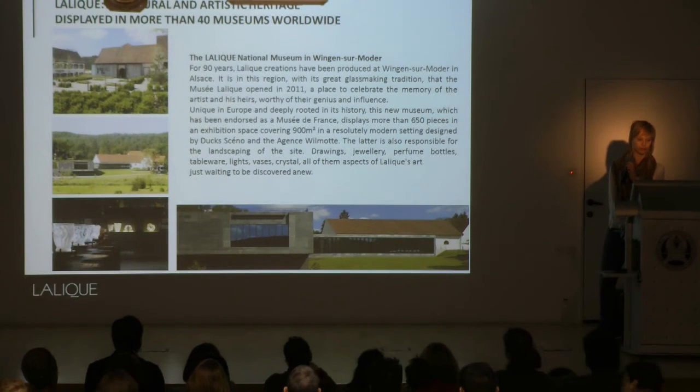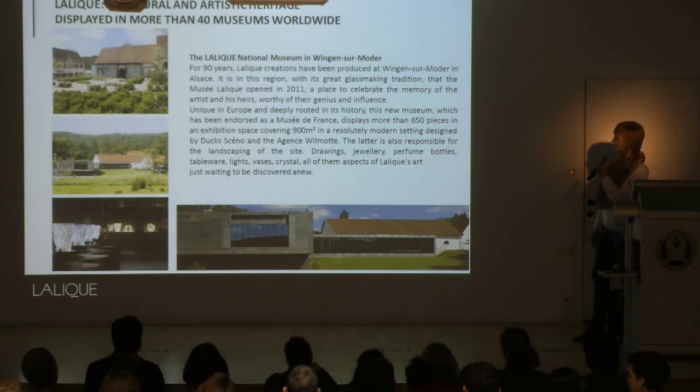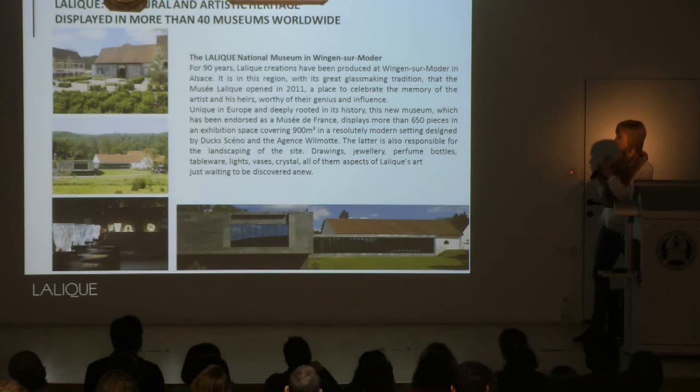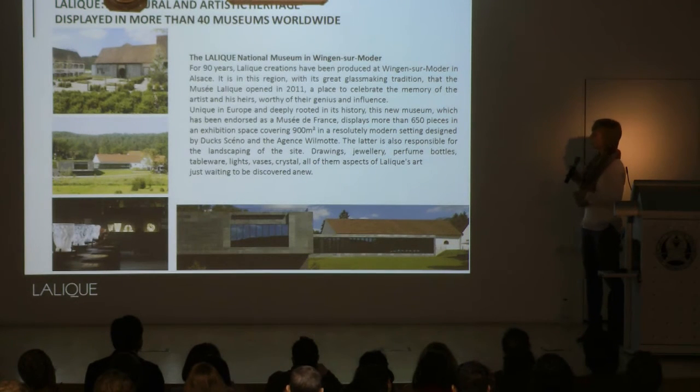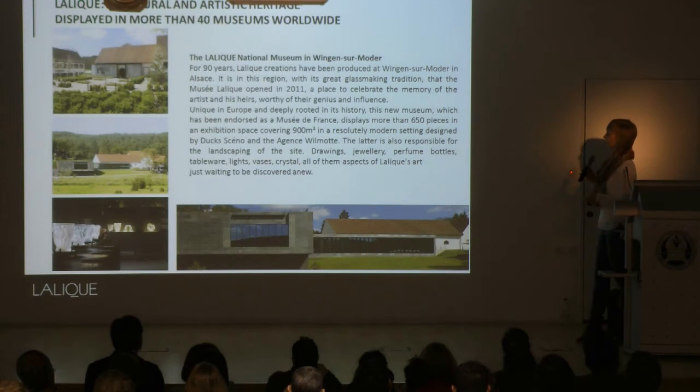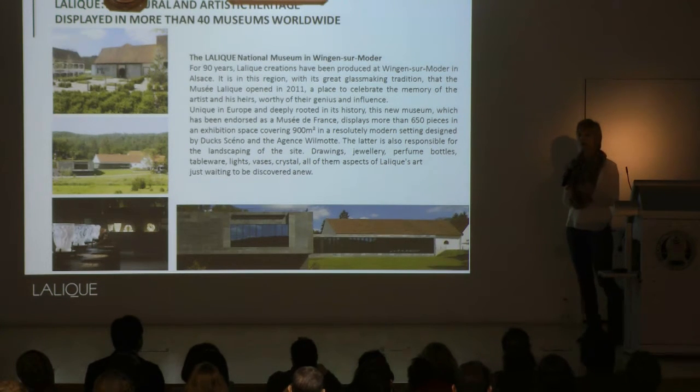Yeah, that's the factory today in Wingen, which was actually in Wingen at that date when he founded the manufacturer. He was looking very specifically for a place where people were able to bring his designs and his ideas into sculpture. And at that day, in Alsace in France, they were known for the material glass.